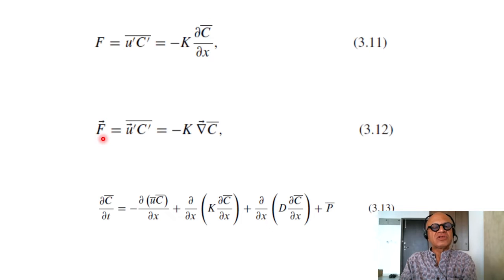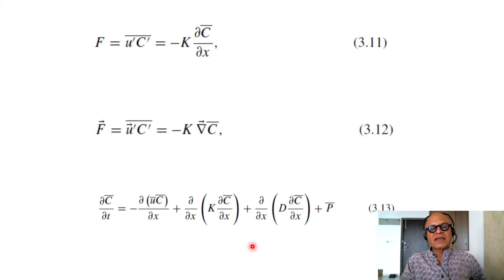So in the three-dimensional framework, this eddy flux becomes vector u prime times c prime time average is minus k, similar to the diffusivity that we had before for molecular diffusion, times gradient of time mean c bar. So dc bar dt then is minus d u bar c bar dx plus d dx of k dc bar dx, plus now we have the original diffusivity term plus p bar.